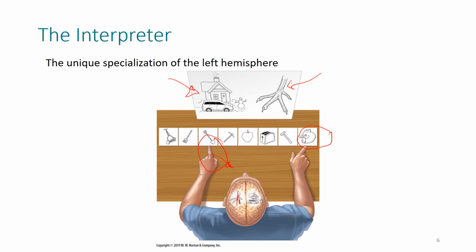Of course, he wasn't aware that what was in his left visual field was processed by the right hemisphere, which is non-speaking. He doesn't remember or recall why. That's why his left hemisphere was trying to make sense of it. It is the interpreter. So the left hemisphere is the interpreter, okay?